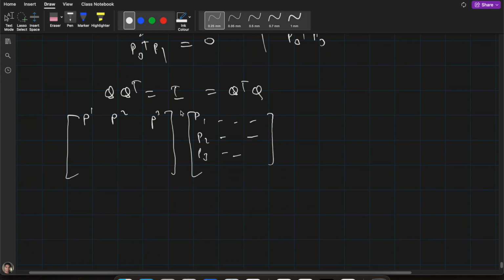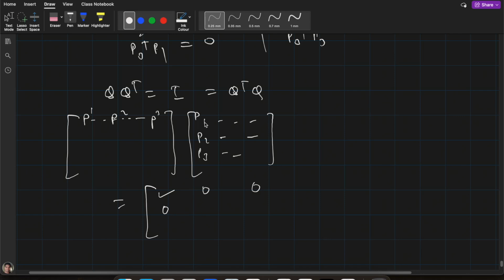So the multiplication is nothing but this row with this column, and if this entry is 1, and you multiply this row with this column, that will be 0, and this row with this column, that will be 0.